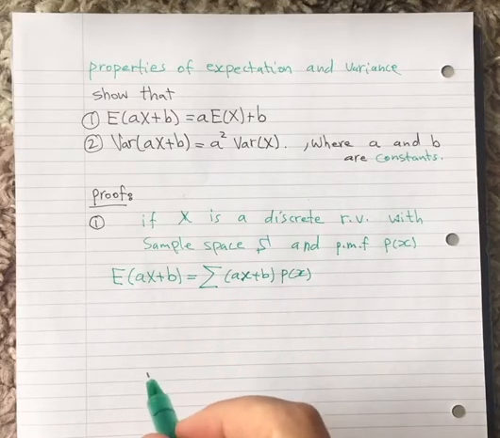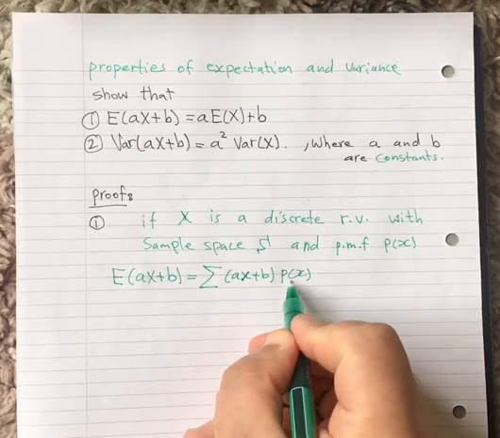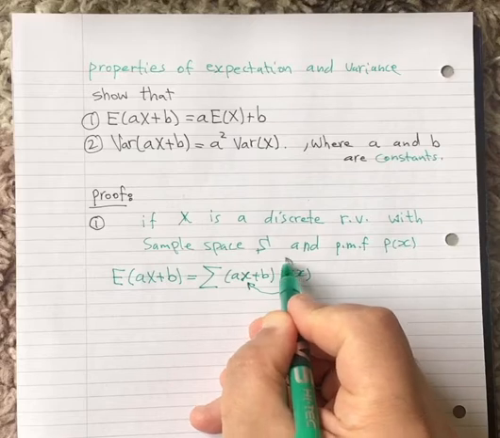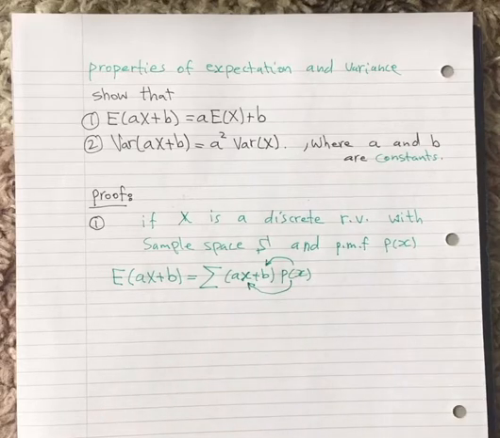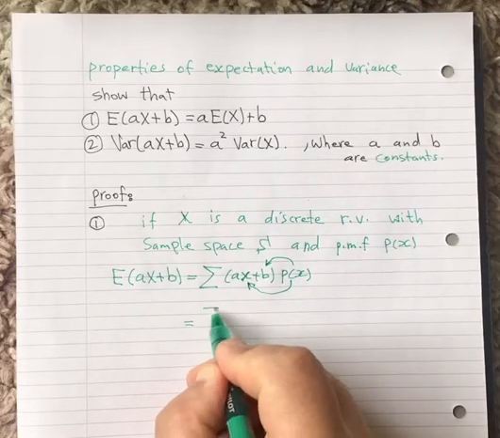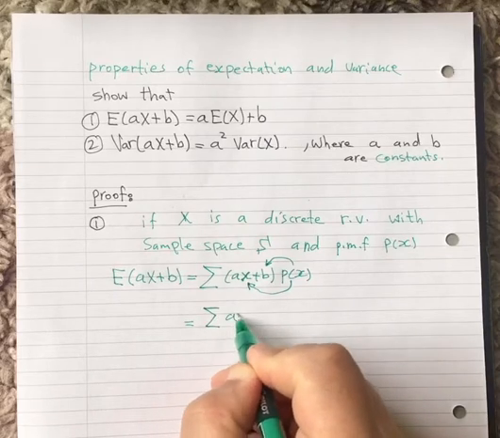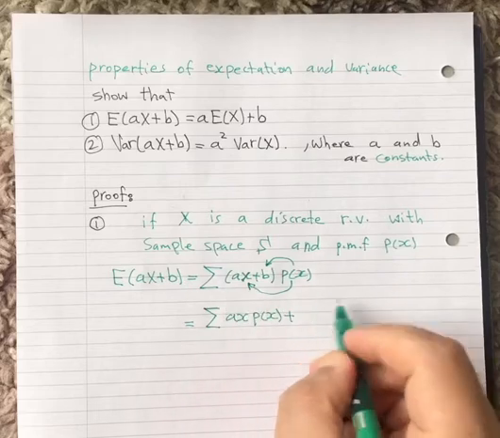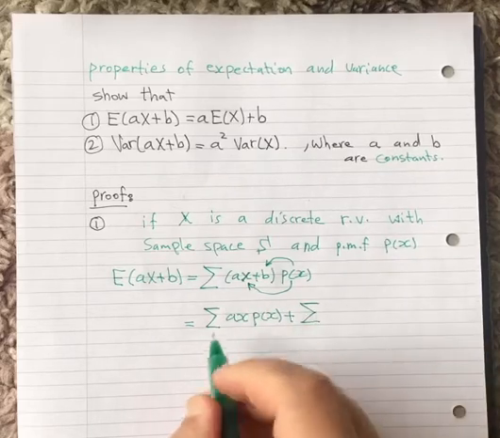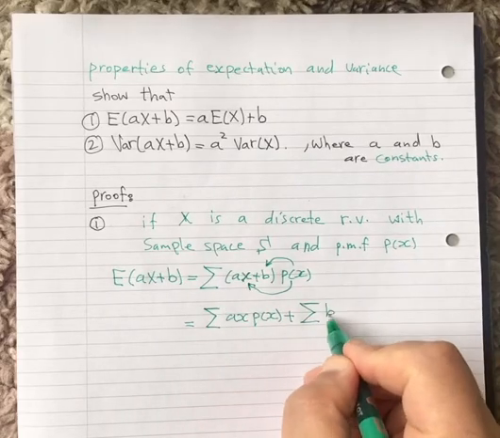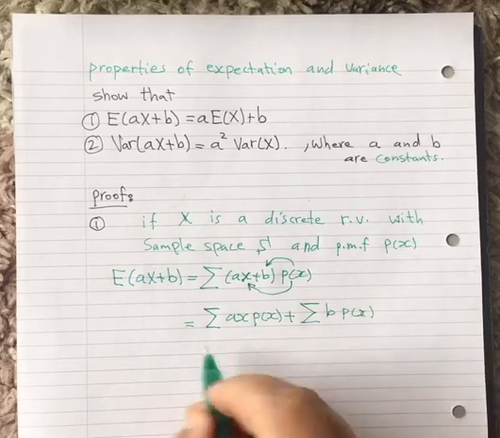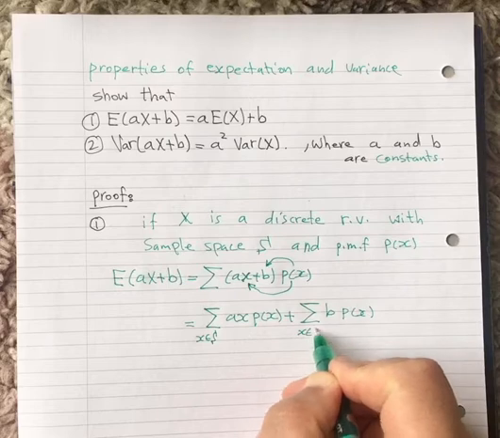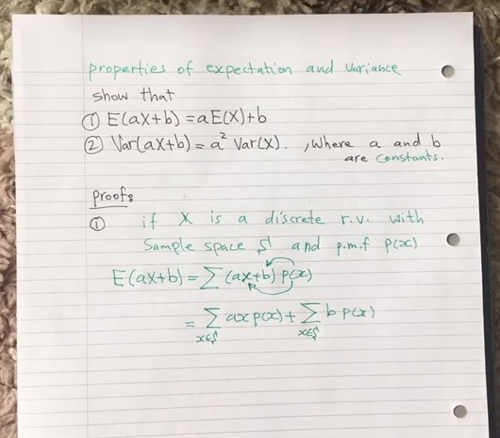Now we just have to multiply p of x by ax and p of x times b. So that will be the sum of ax p of x plus the sum of b p of x, and x belongs to the sample space, and x here also belongs to the sample space.